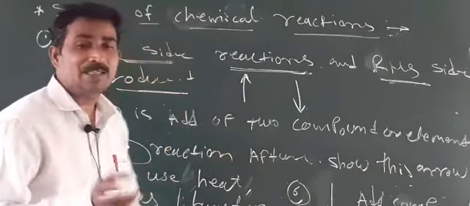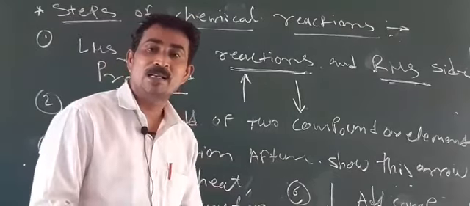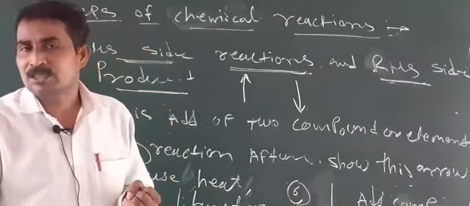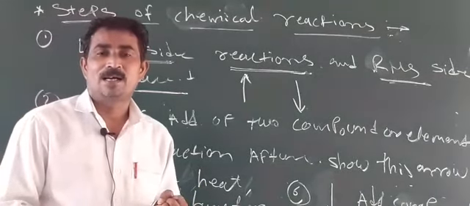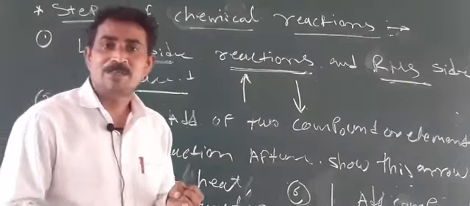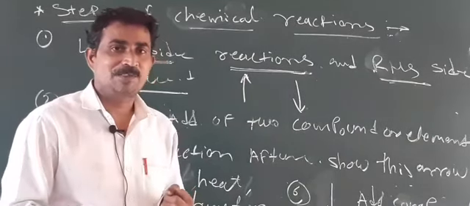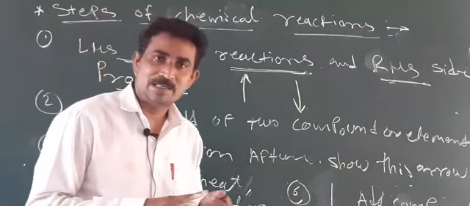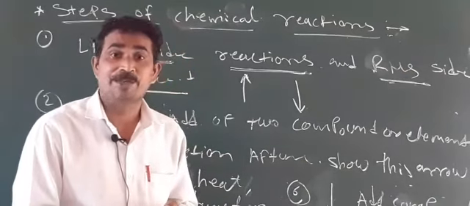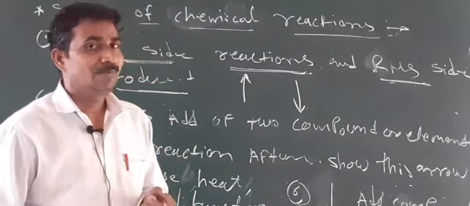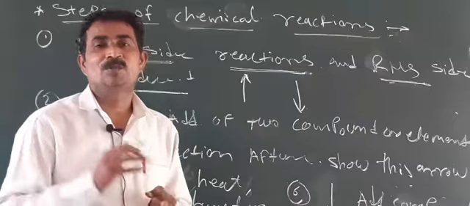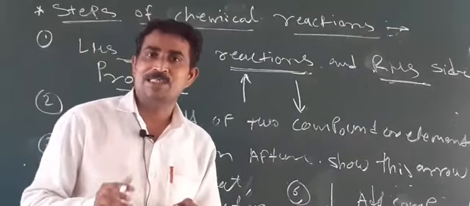Today in this video class we learned the first chemical equation, how we want to write it. Chemical equation means how a chemical reaction is represented, and we learned two methods: a chemical reaction in words and a chemical reaction in symbols.